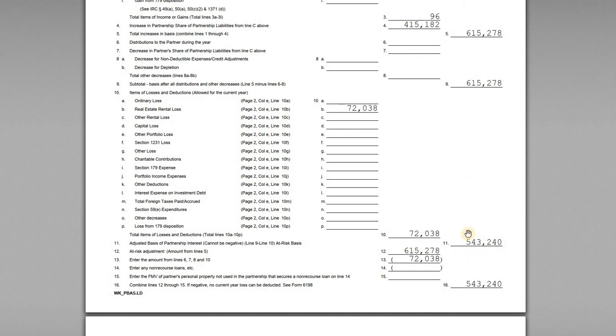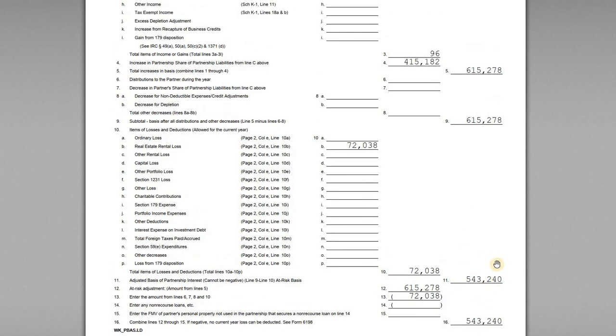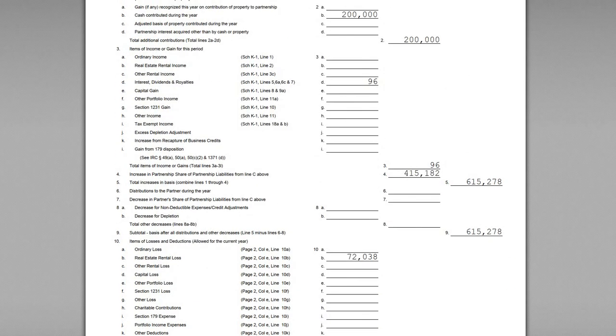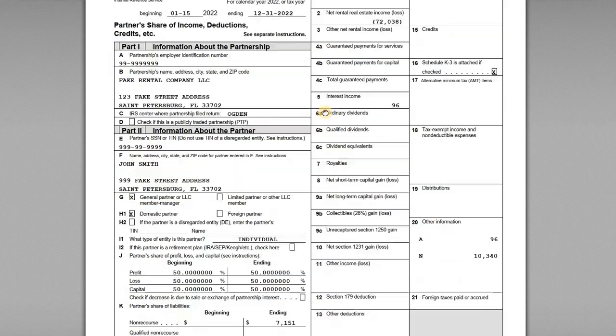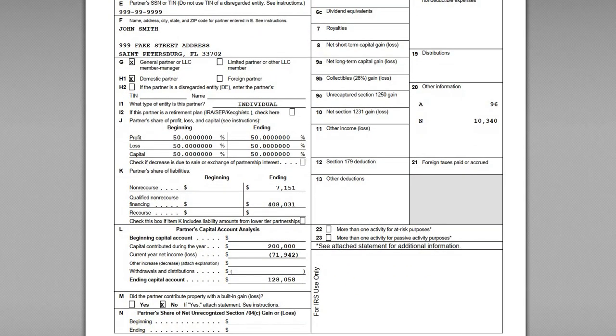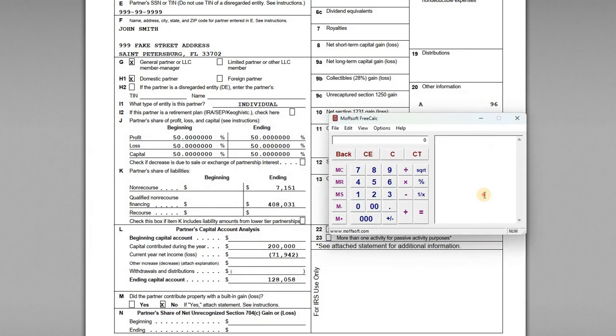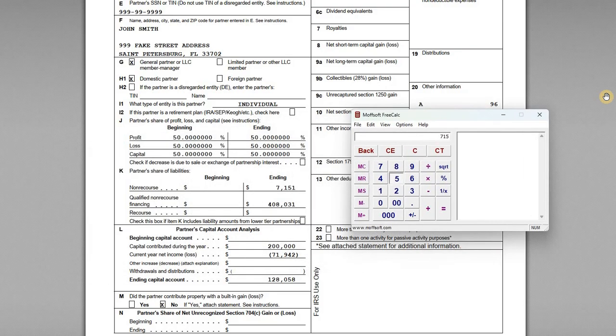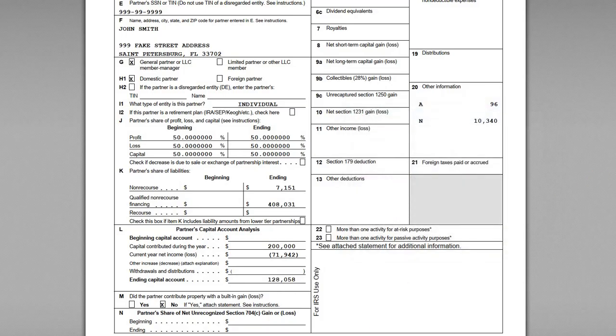$543,240. Now, a quick check just to see where that number is ultimately coming from. The $543,240 is if you add up his share of the liabilities plus his capital account. So if I open up a calculator here and add up 7,151 plus 408,031 plus the 128,058, there's his $543,240 basis.